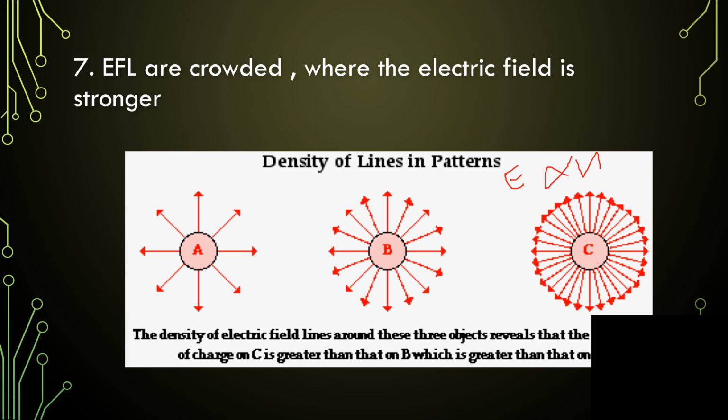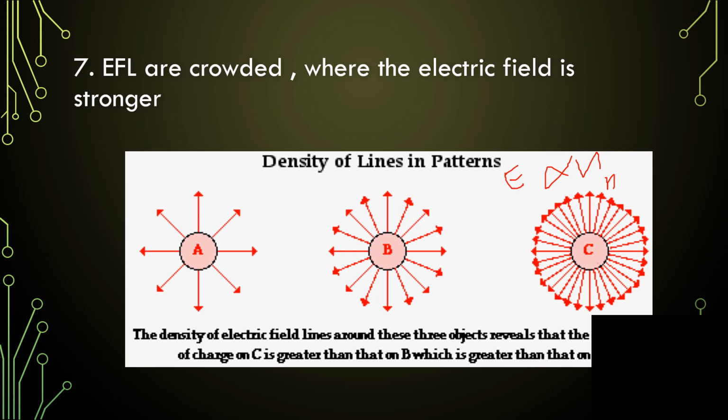The more the number of field lines, the stronger the field is. Or if the field lines are denser or closer to each other, then the field is stronger in that region.